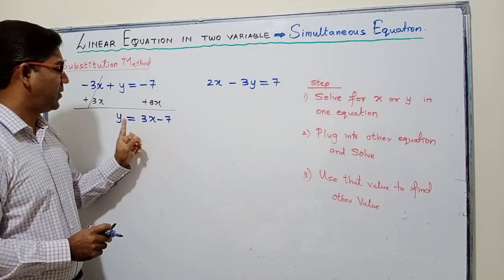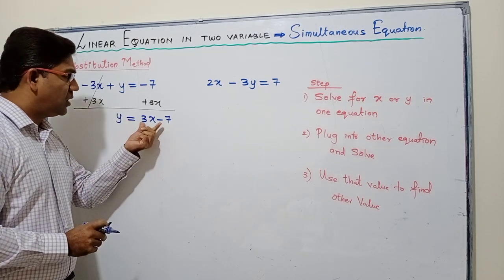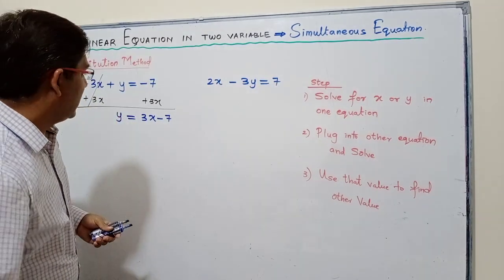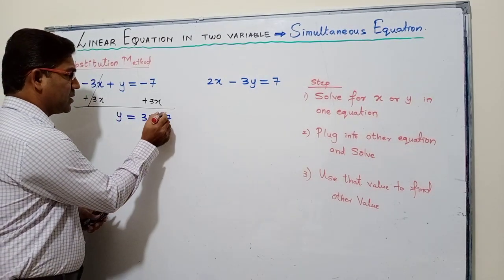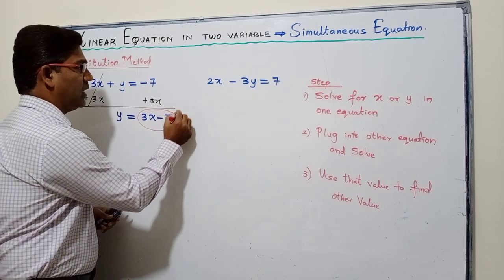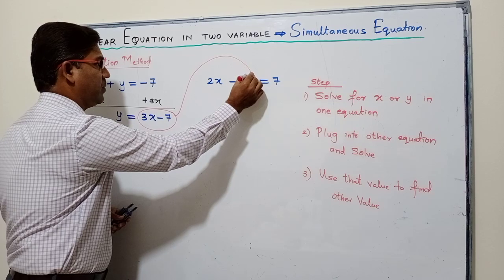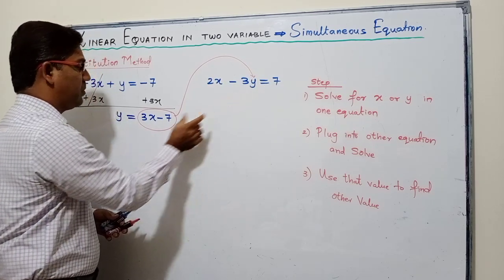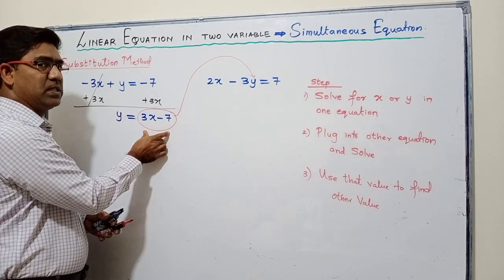I have isolated the value of y. I'll substitute the value of y in the second equation. The value of y here is 3x minus 7. This value will go in the second equation in place of y. So I'll replace y in the second equation by its value 3x minus 7.